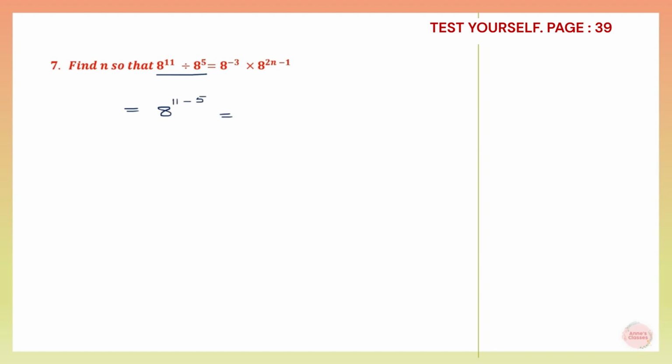Now on this side it is multiplication. That means we can add the powers. So 8 raised to the power of minus 3 plus 2n minus 1. So this is now 8 raised to the power of 11 minus 5 is 6. And here we have 8 raised to the power of minus 3 plus, let's open the brackets, 2n minus 1.